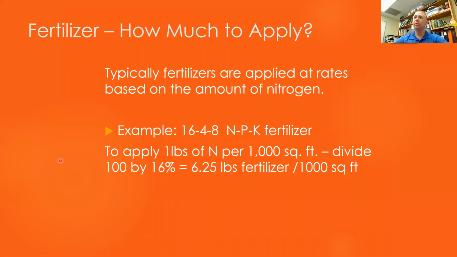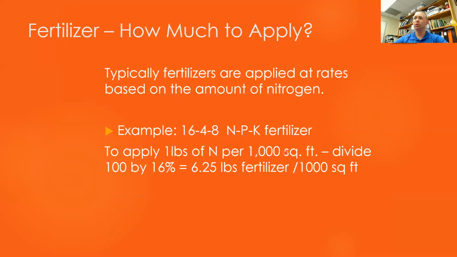So how much did we apply? If we're looking at, in this case, a 16-4-8 NPK fertilizer, 100 pounds of N, or excuse me, 1 pound of N per 1,000 square feet. So basically the same thing. These numbers are percentages of what is in the bag.